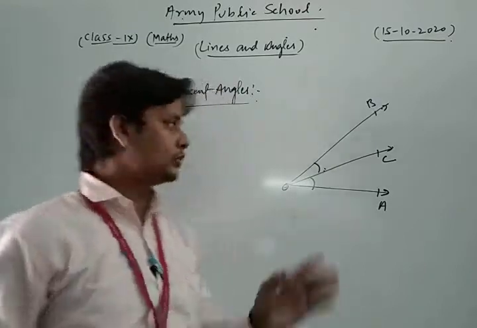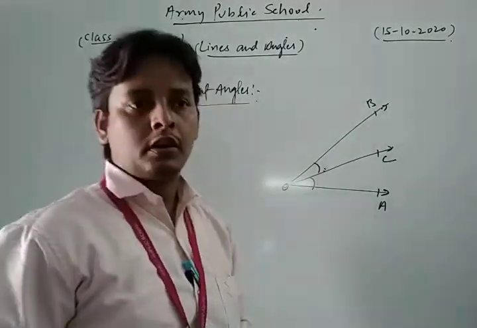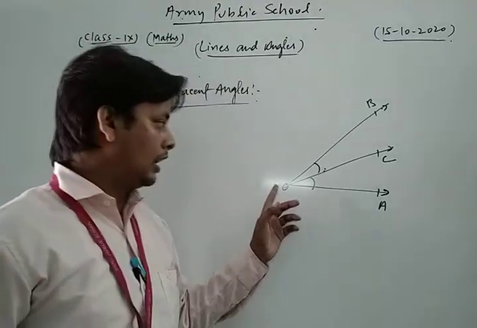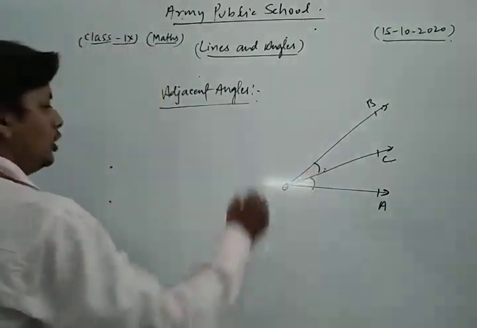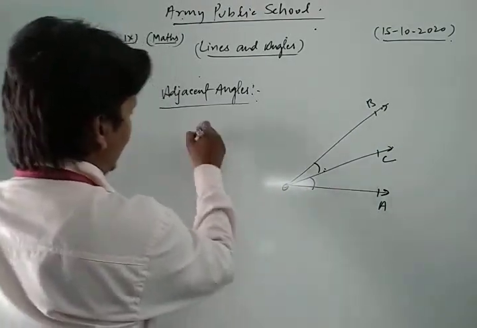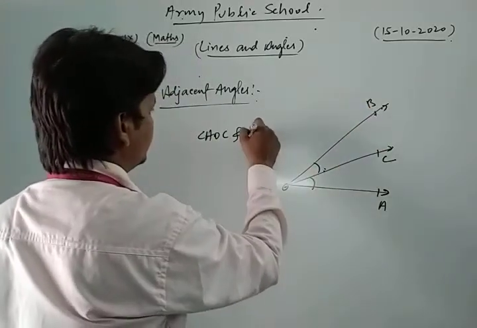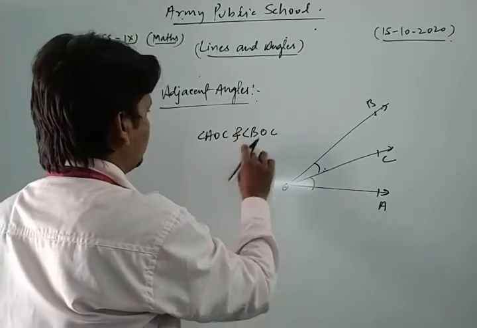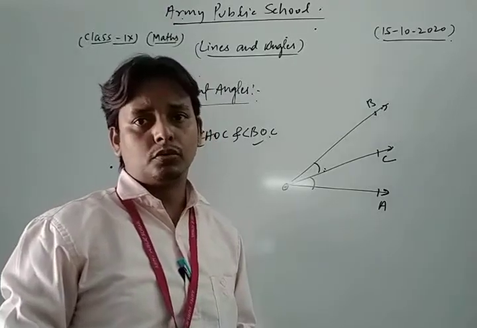Please listen carefully. 2 angles are said to be adjacent if, first, they have the same vertex. So here angle AOC and angle BOC have the same vertex O.